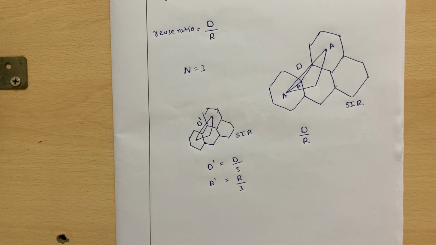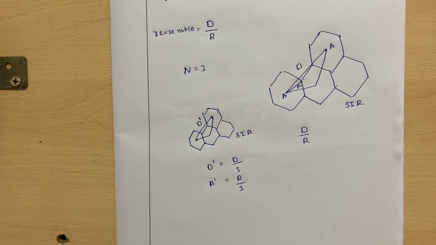So if you are analyzing signal to interference ratio, you actually have to compare the D by R ratio, which plays a role in the calculation of SIR. We'll discuss shortly how SIR is related to D by R. But fundamentally what we are discussing here is that SIR does not depend on the cell sizes.